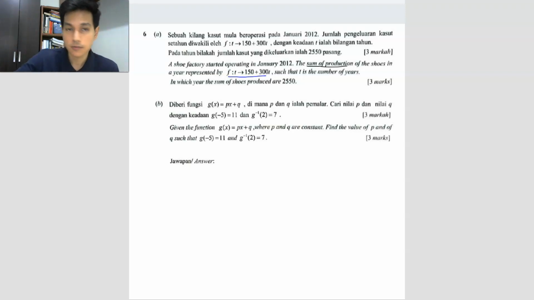If I want to find year 3, I substitute 3 to get the amount of shoes they produce that year. You have to understand what the function does. This function is the sum of production, such that t is the number of years. In which year is the sum of shoes produced 2550?